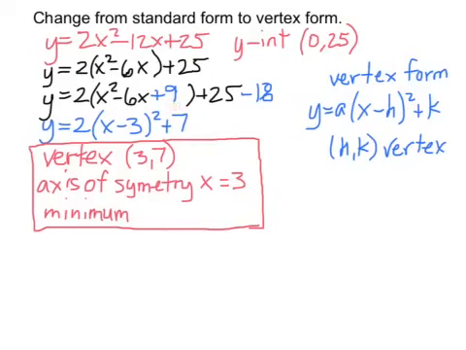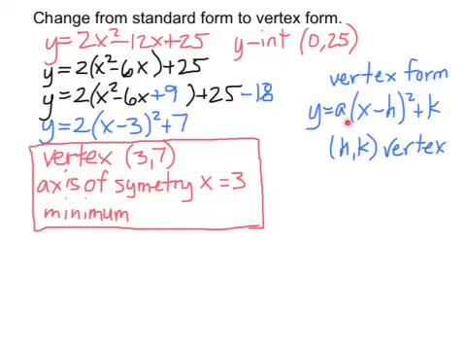I'm not dealing with two sides of the equation here, so I'm not going to add 18 to the other side. Or I could, but then when I move it back to the right-hand side, it's going to become a minus 18. So I add a positive 18 here, and I'm still on the same side, so I subtract an 18 out here. Well, x squared minus 6x plus 9 factors to be x minus 3 squared. I still have the 2 out front.